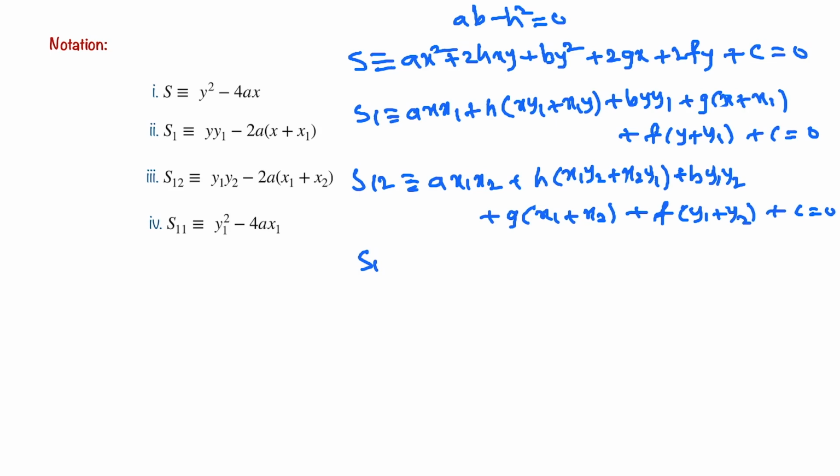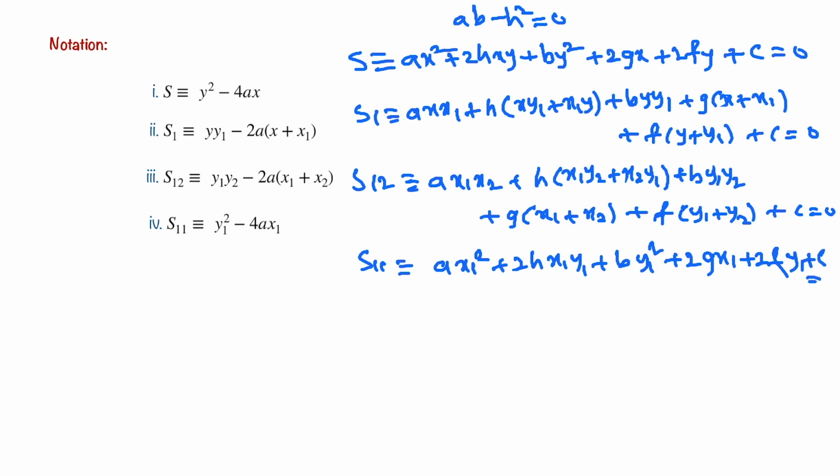And of course, S11 will be ax1 square plus 2h x1y1 plus by1 square plus 2gx1 plus 2fy1 plus c. In terms of these notations, those results can be generalized.